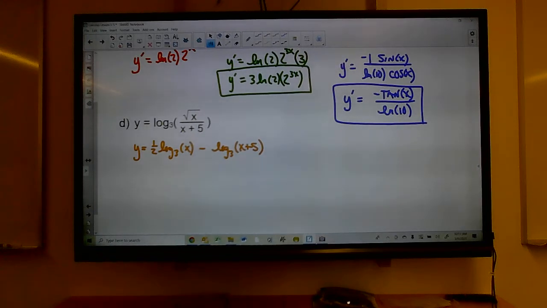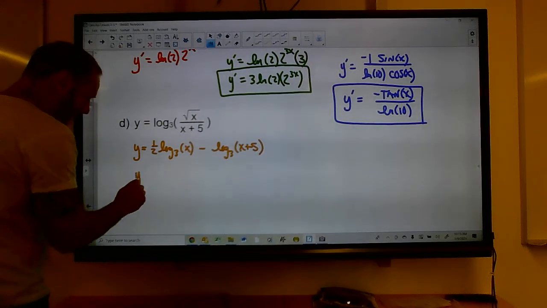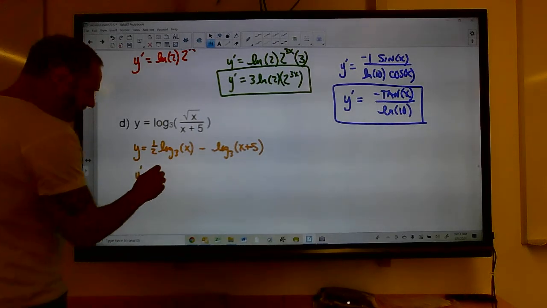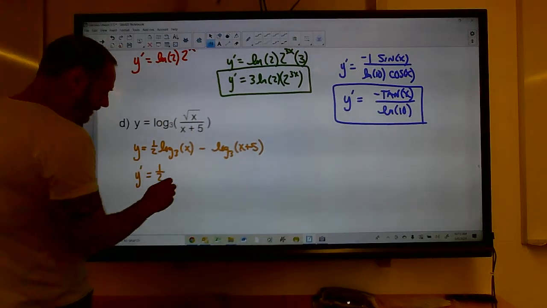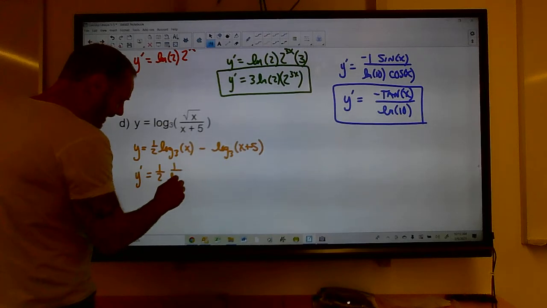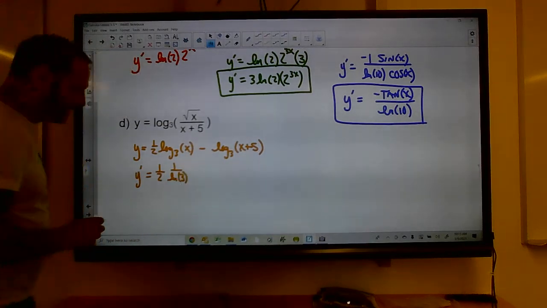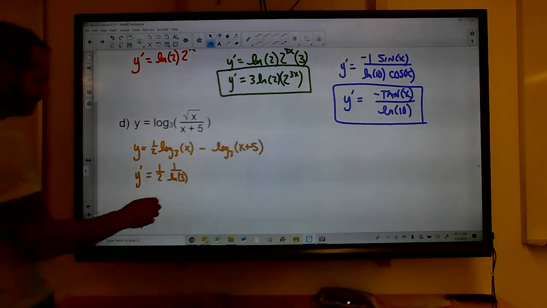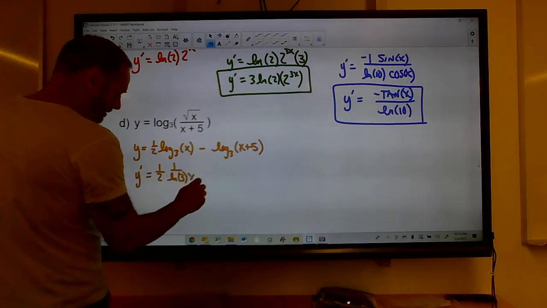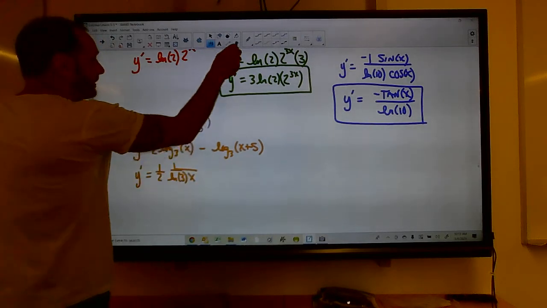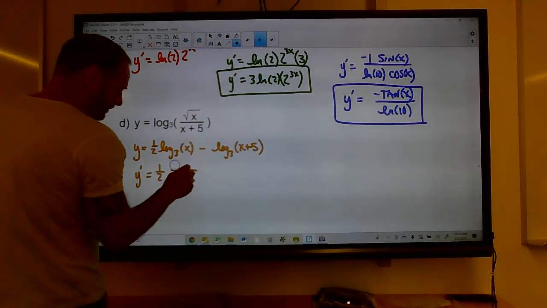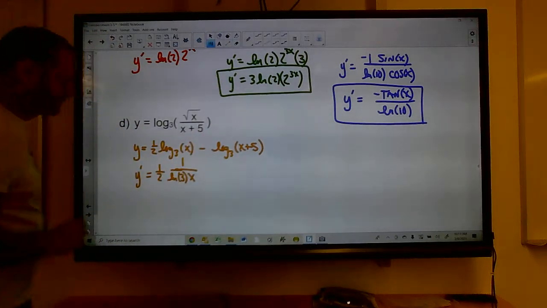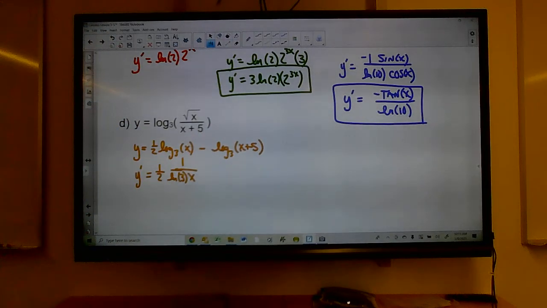Now, if I take y prime, this is going to be 1/2 times 1 over the natural log of 3 times x, and that's on the bottom right there. So there's the first part of this equation.